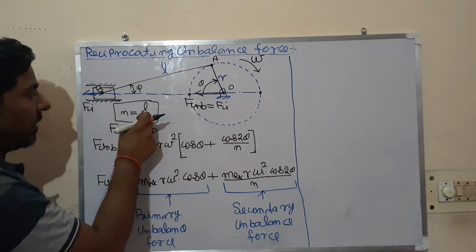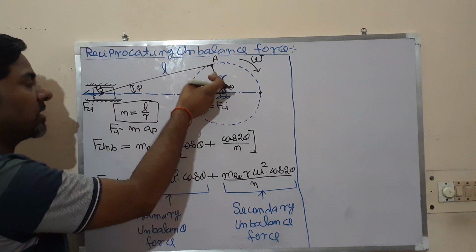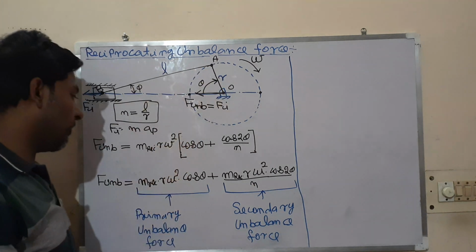L is the length of the connecting rod and r is the radius, or length, of the crank.